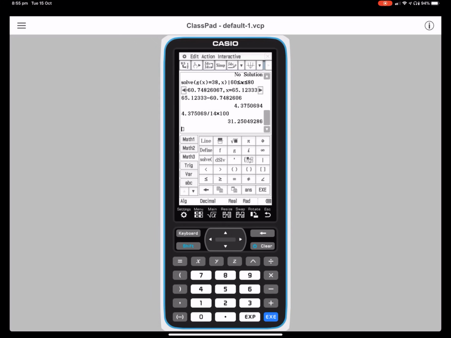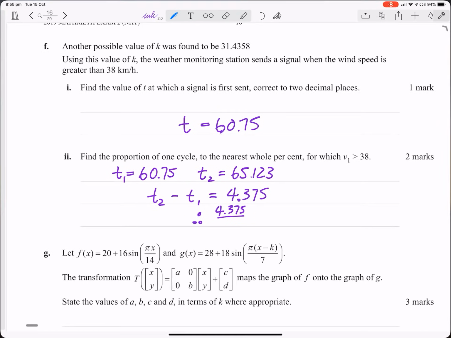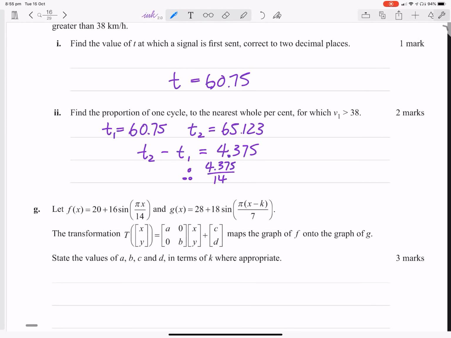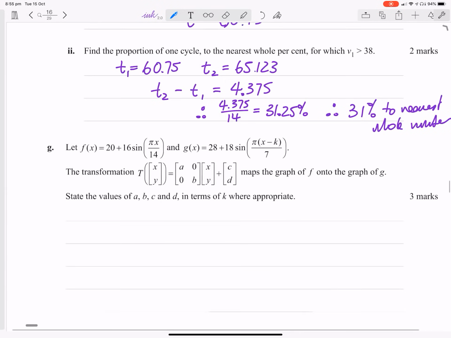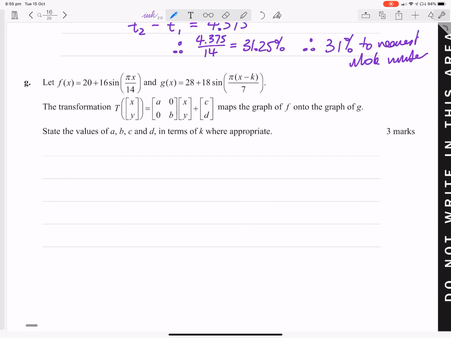So 31.25%. Therefore, 31% to the nearest whole number. Okay, that to get to that.